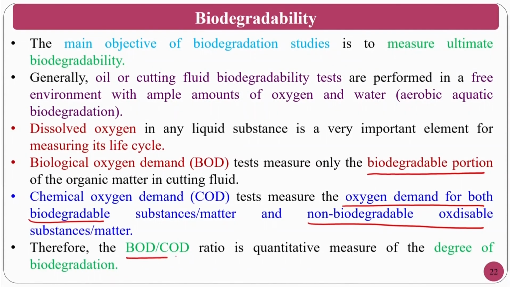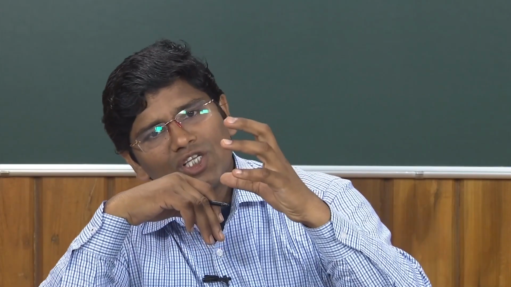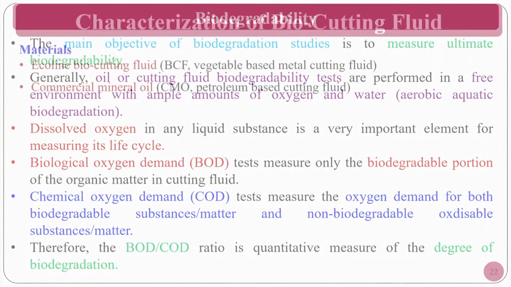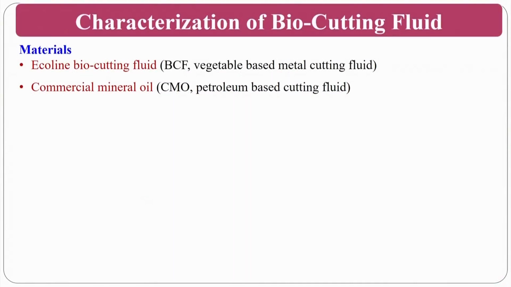Therefore, the BOD to COD ratio gives the degree of degradation. That means how much biologically degradable material is there, compared to what you can do by the COD, that is biodegradable plus non-biodegradable. This gives the percentage or the degree of degradation.